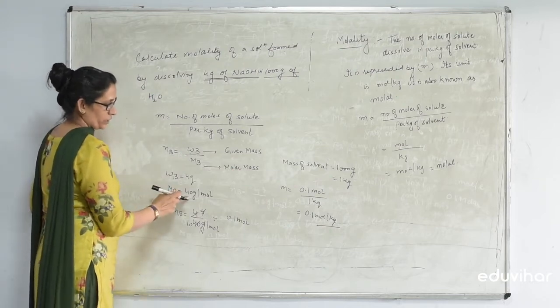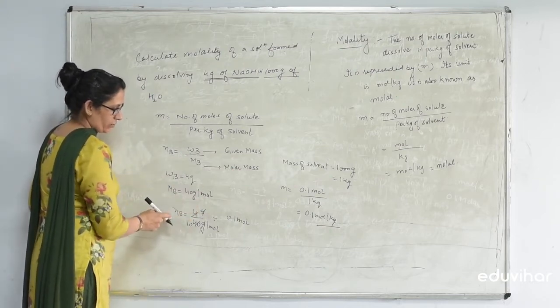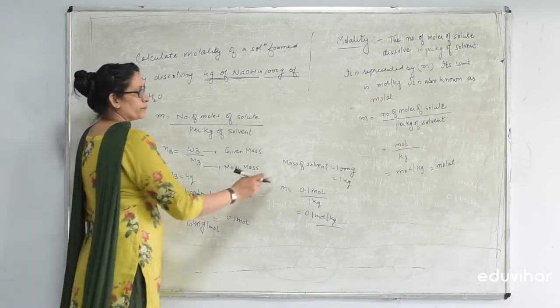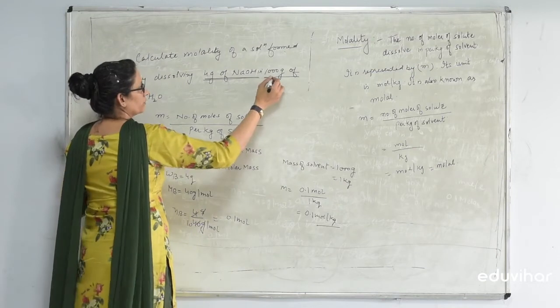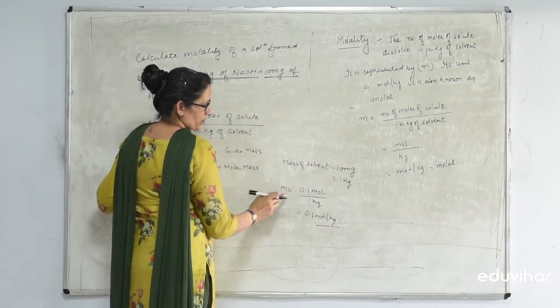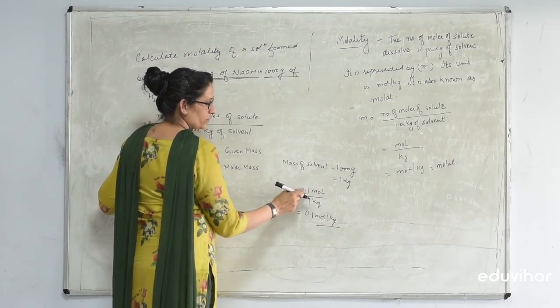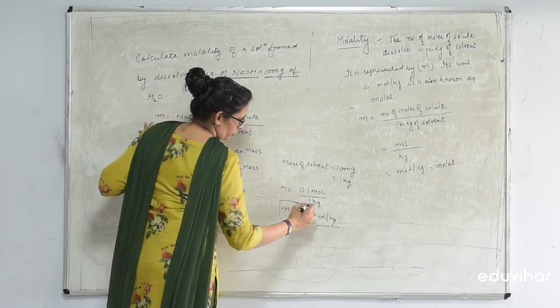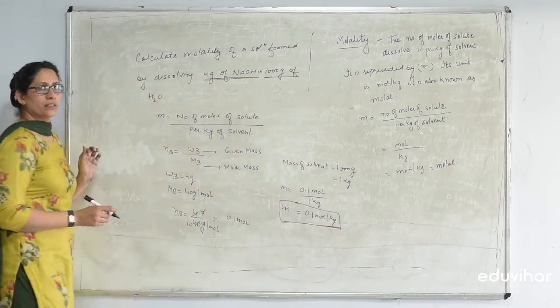Molar mass is 40 gram per mole. The Nb is equal to 4 by 40, which becomes 0.1 mole. Mass of solvent given is 1000 gram, which can be converted into 1 kg. So molarity is 0.1 mole divided by 1 kg, which becomes 0.1 mole per kg.